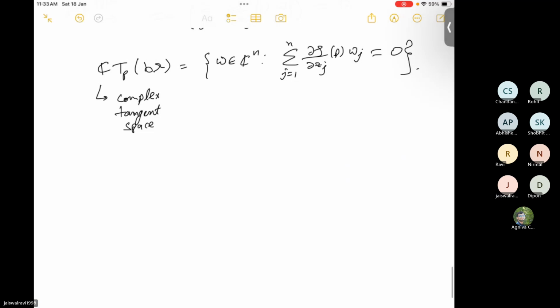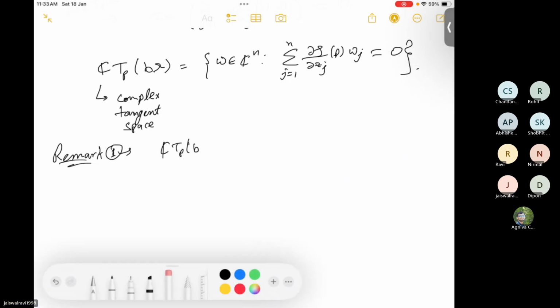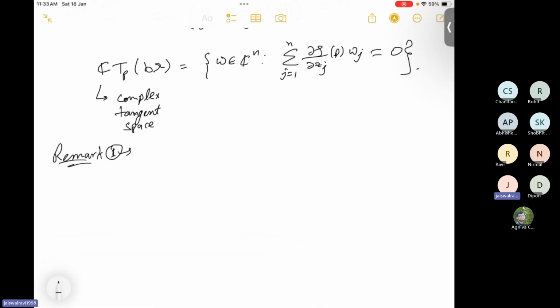So now we'll write some remarks on this complex tangent space. Remark 1: the first remark is well-definedness. We defined this complex tangent space on some domain omega, which is a subset of C^n, and this is the point P. Here you can see that we define this complex tangent space using the defining function.